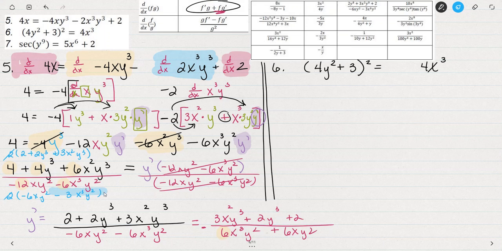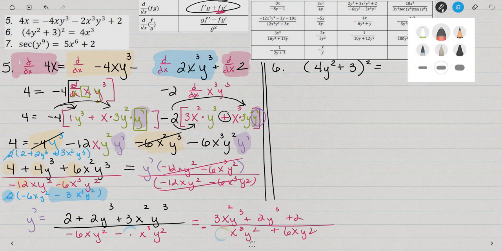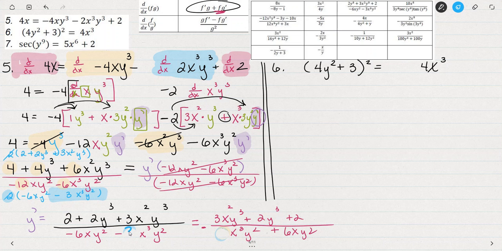And here I can see clearly that when I divide by the 2, I should have written that as a negative 3x cubed y squared. So let me go ahead and correct that now. I'll just erase that and rewrite it correctly with that 3. Hope that didn't throw anyone off. But that gives us our final correct answer.